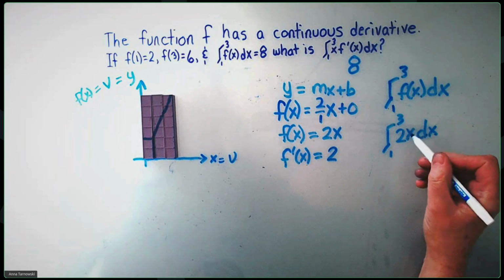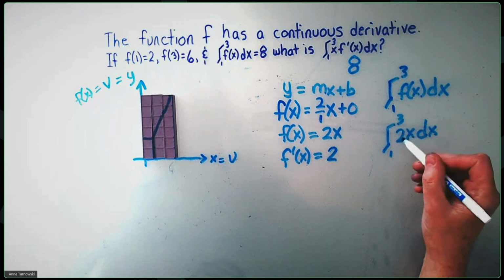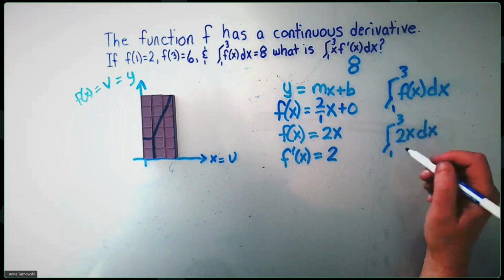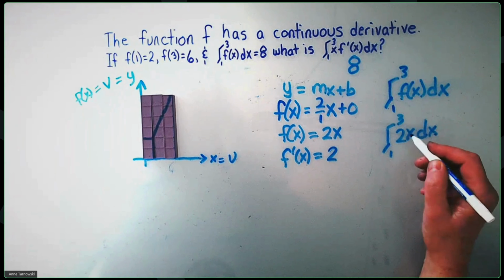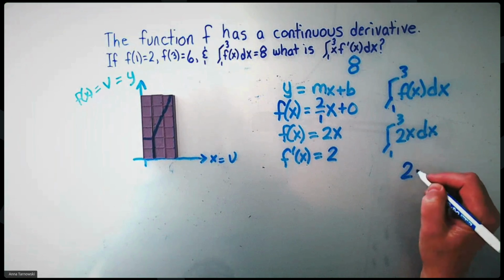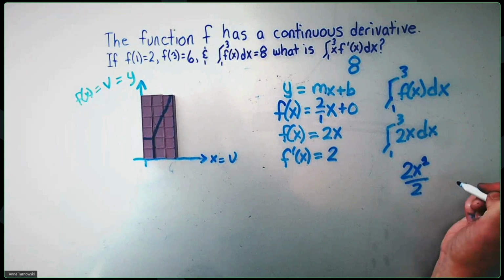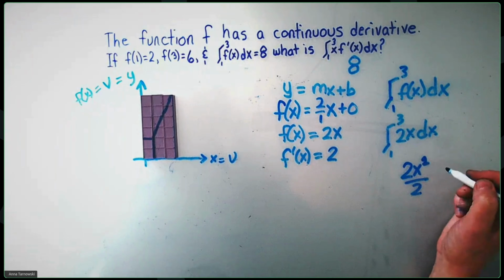Well, the integral for that, remember, this is the derivative. We want to go backwards. We want the antiderivative of this. So we would go 2x, and then there's a 1 on there, so 1 plus 1 is 2, and then over on the bottom 2. I'm not telling you all the rules with this. I'm assuming that if you're watching this, you somewhat know these rules, but maybe you don't, and maybe that's something I'll have to go through.